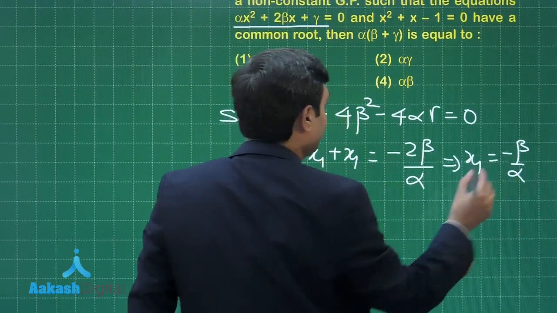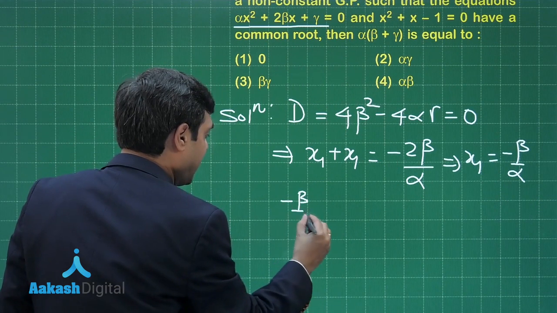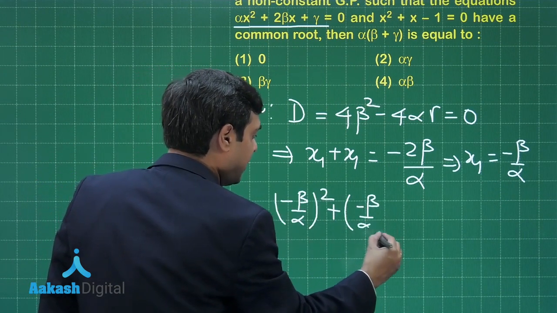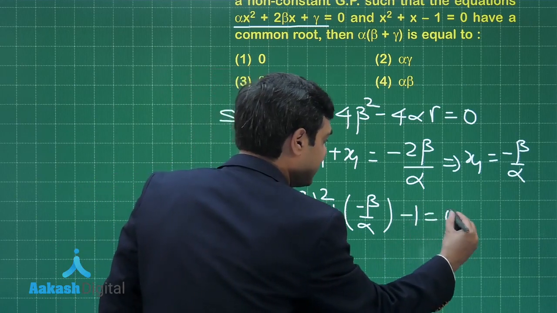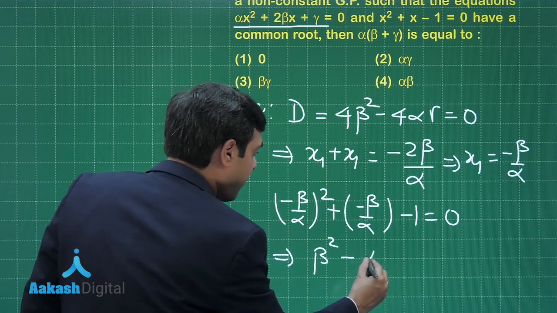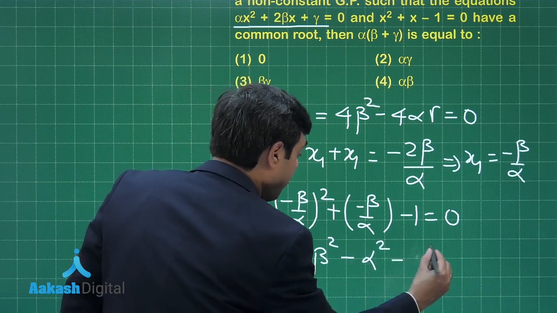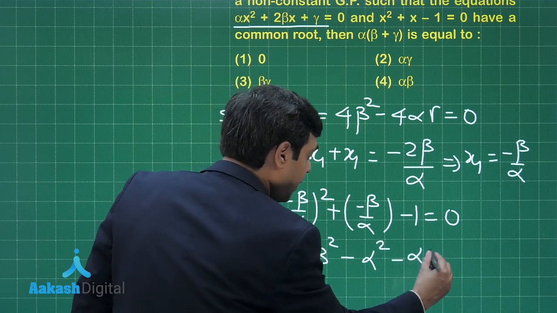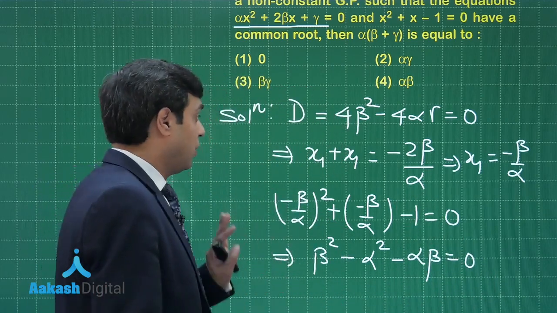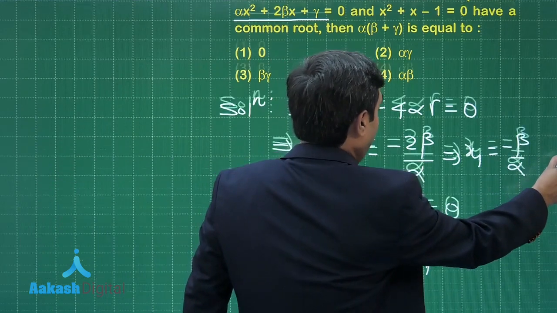Substitute there. Minus beta by alpha whole square plus minus beta by alpha minus 1 is equal to 0, or beta square minus alpha square minus alpha beta is equal to 0. Right? Now, this is one equation we obtained.